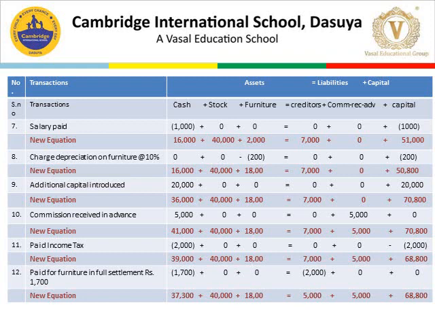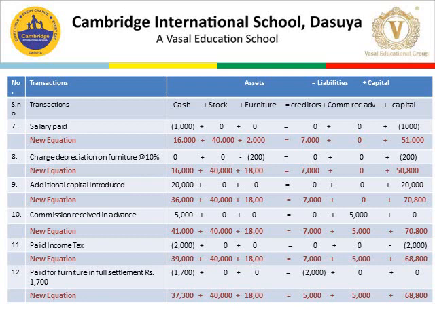Now 10th, commission received in advance. Commission received in advance means it's a liability. So we have to create one more column, commission received in advance, on the liability side. Now commission is received in cash, so it is added with cash. 36,000 plus 5,000 is 41,000.